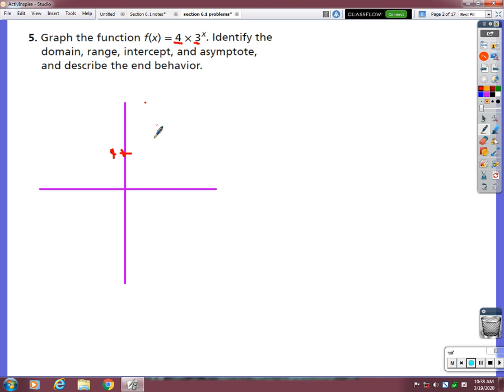Going this way, instead of multiplying by 3, I'm dividing by 3, so 4 divided by 3 is like 1 1/3. Divide that by 3, and then divide that by 3. So it's going to get close to the x-axis really quickly. Okay, so there is my graph.